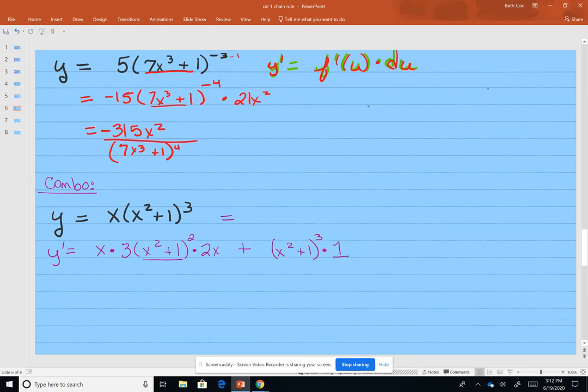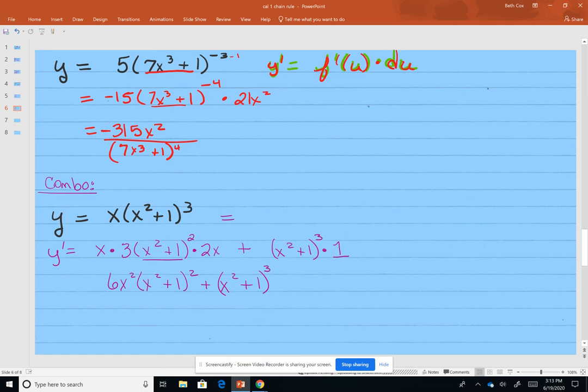We're going to simplify this out. When I simplify this out, I'm going to get a 6x to the second times x to the second plus 1 squared plus x to the second plus 1 cubed.